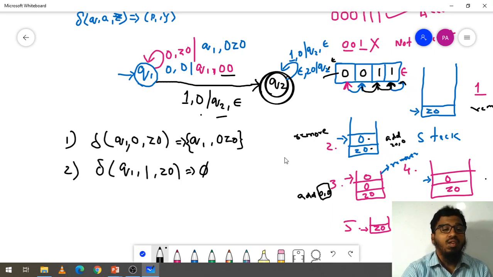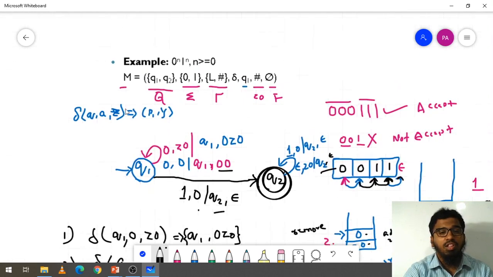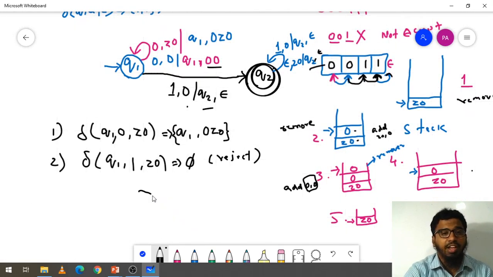So whenever we have q1 comma 1 comma Z0, that is phi, that means reject. Whenever we get 1, 0 should be available in the stack. If 0 is not available in the stack, our condition is not satisfied. So this is the second.